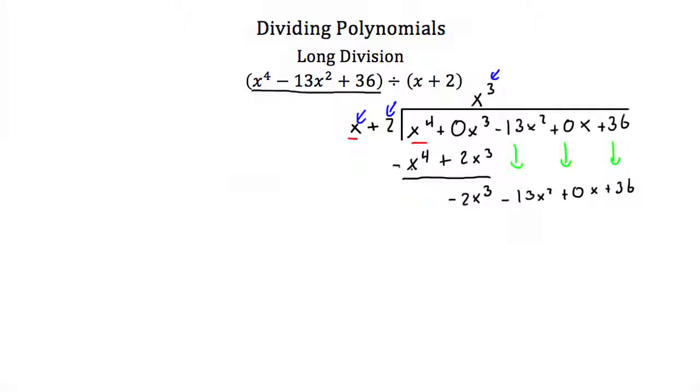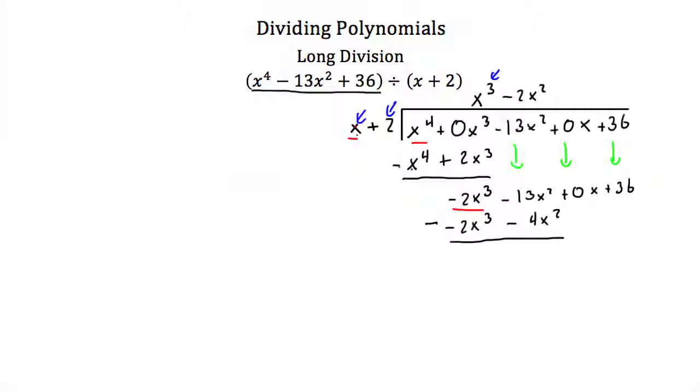Now we need to figure out how many times x goes into negative 2x cubed. And that goes in negative 2x squared times. Negative 2x squared times x is a negative 2x cubed. Negative 2x squared times a negative 2 is a negative 4x squared, and we subtract.